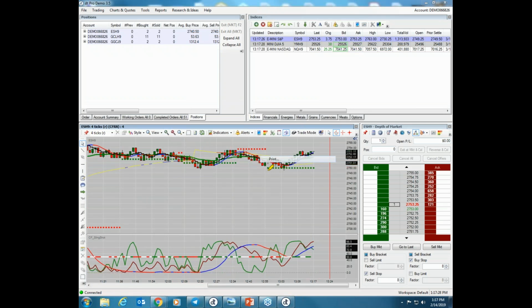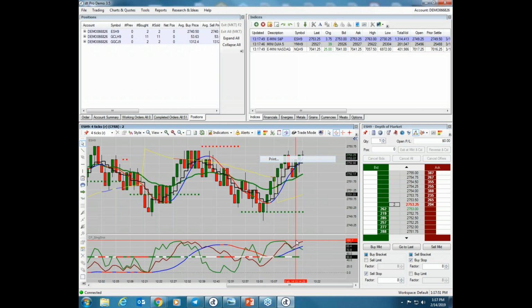So if you're unsure, look at your dynamic support and resistance, and that's a good starting point. The other thing is, if you're unsure, don't push a button at all. It should be easy and obvious. Don't push a button at all. The trending action should be really easy.